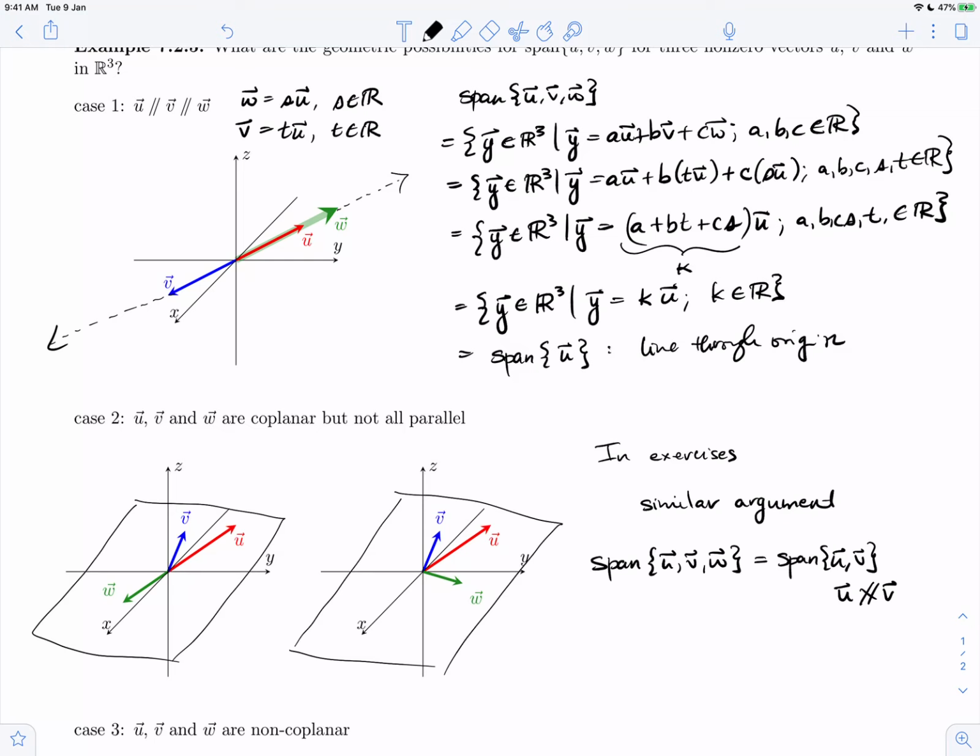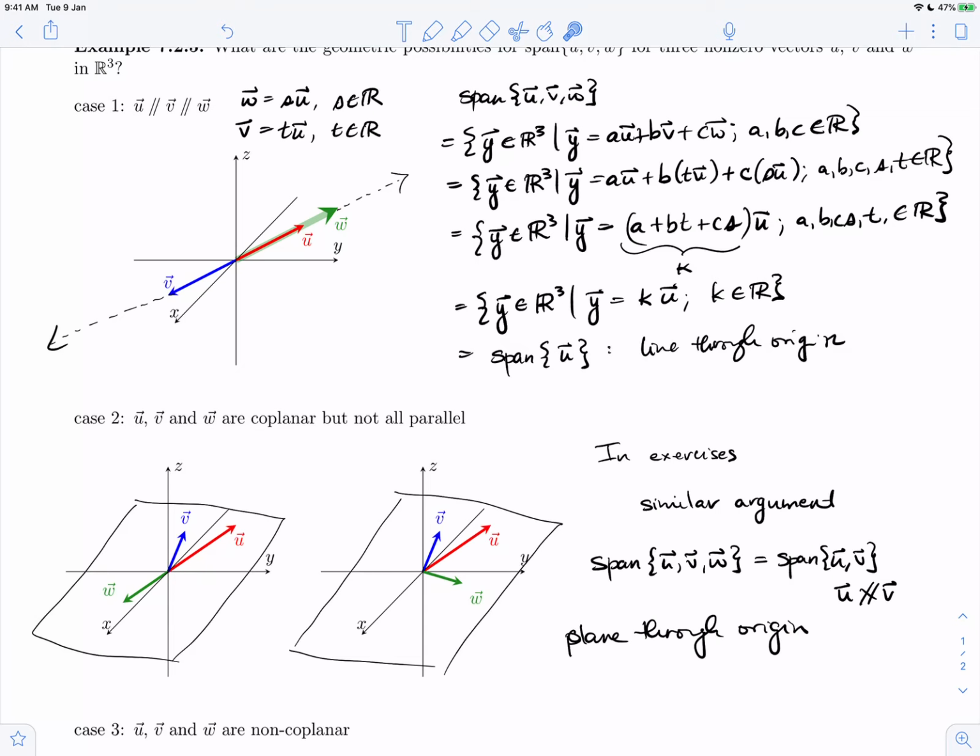In other words, as we saw in the previous video, the span of two non-parallel, non-zero vectors is a plane through the origin in R3. So we have one case where the span of u, v, and w gave us a line, and another case where the span can give us a plane.